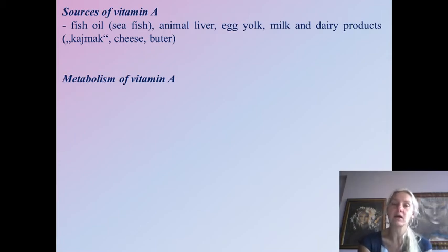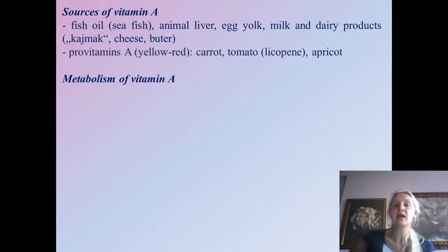Provitamins A can be found in dietary sources of plant origin, in some vegetables and some fruits, predominantly those rich in yellow-reddish pigments, carotenes or provitamins A, like carrot, or lycopene from tomato, apricot, and similar sources.